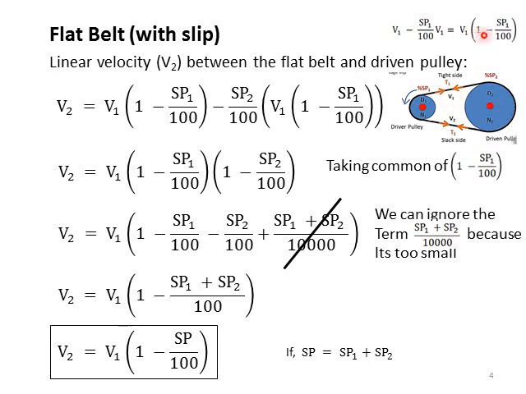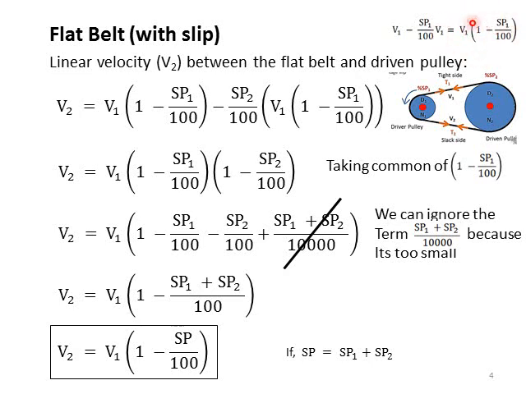How much less? The final result was V1 into 1 minus SP1 by 100, where SP1 is the slip between the belt and the driver pulley. So how much will be the effective velocity at the slack side? It will be equal to the velocity that comes from the driver pulley and the belt.